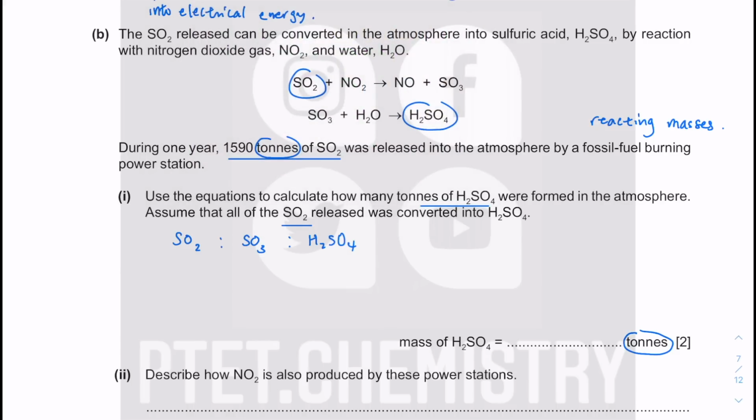Looking at the first equation, 1 mole of SO2 gives you 1 mole of SO3, and it is this 1 mole of SO3 that gets converted into 1 mole of H2SO4. So when these are 1 and 1, they have a common ratio. Otherwise, if they are not 1 and 1, we have to balance them by multiplying each row to get to the lowest common multiple.